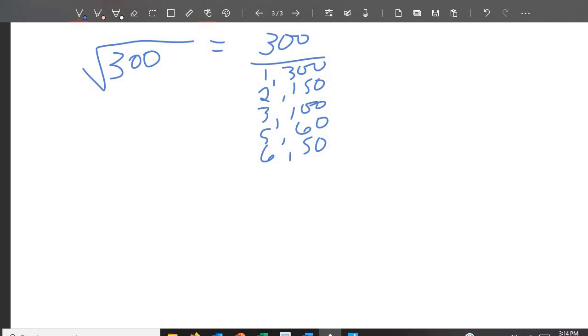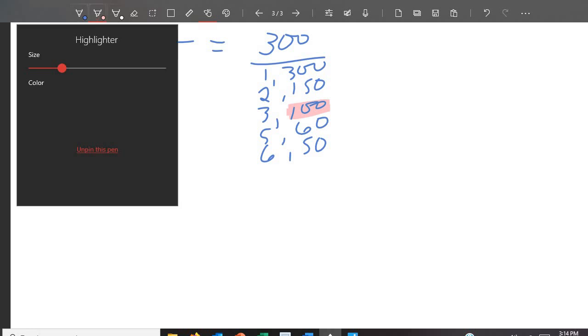Have I found one yet? If you notice, if I put the smallest numbers on the left, then our biggest numbers are on the right. So I'm looking at the bigger number to see which one I can take the square root of. I can't take the square root of 300. I can't take the square root of 150. But I can take the square root of 100.